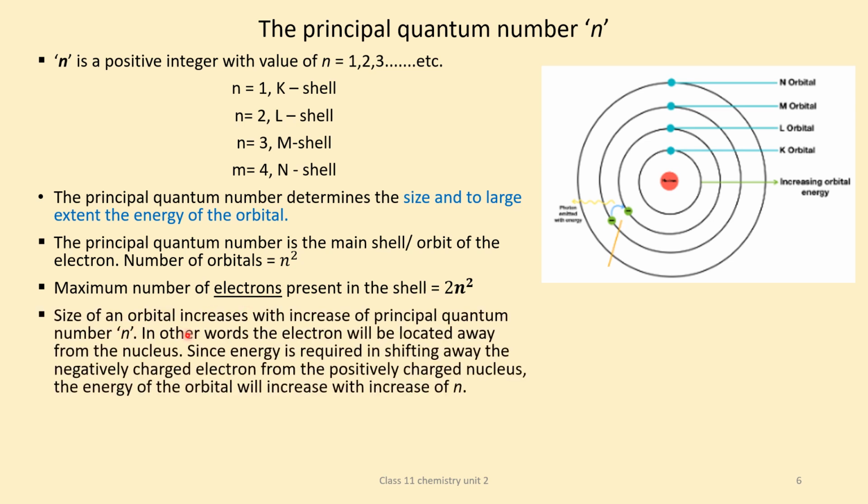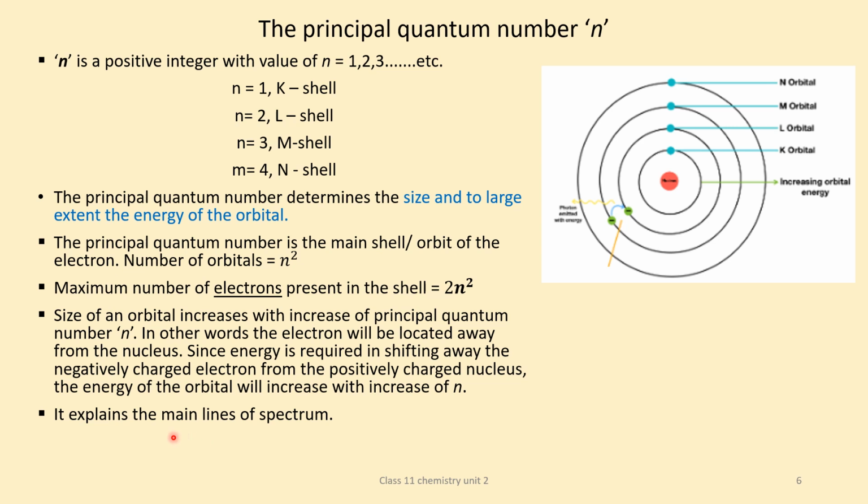The size of an orbital increases with an increase of the principal quantum number n. Here you see the size is increasing. Since energy is required in shifting the negatively charged electron away from the positively charged nucleus, the energy of the orbital will increase with an increase of n.